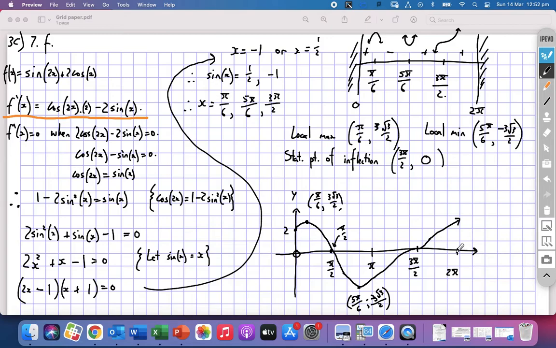I'm pretty sure the period is 2 pi, which would mean it would get back to 2 if I put in 2 pi. See, the problem is I've drawn this, I should be getting to here, I think. This has got to kind of come up and then inflect.